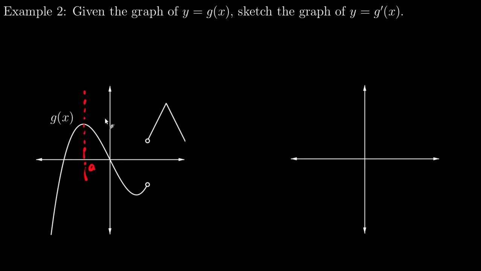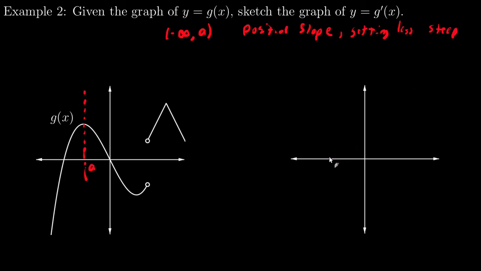So from negative infinity, let me actually make an infinity symbol, negative infinity, up to A, we have positive slope, but the slope is leveling off. It's getting less steep.